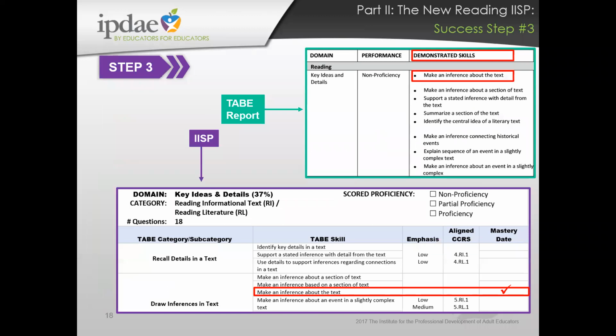Okay, so at the beginning of the training, I asked you to keep foremost in your mind that one of the key goals for using the IISP is for the student to become a self-directed expert learner, right? Who monitors progress and reflects on learning based on mastery of content and skills.